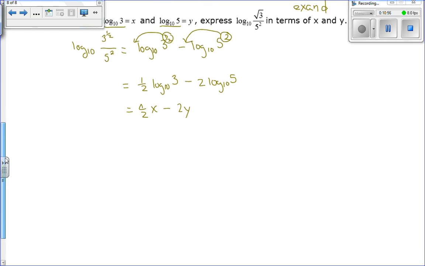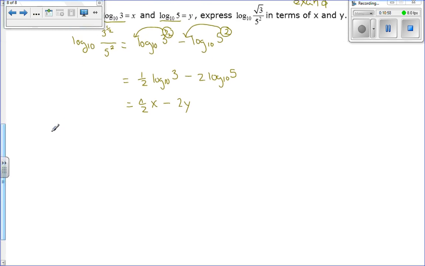Alright, I'm going to add another example to this. This is the other type of question you would likely see, where you are asked to write an expression as a single logarithm.